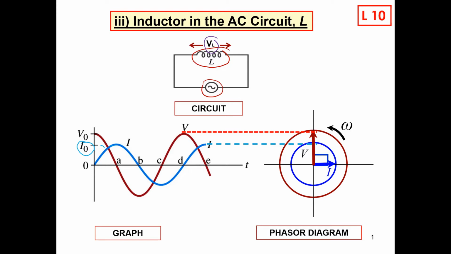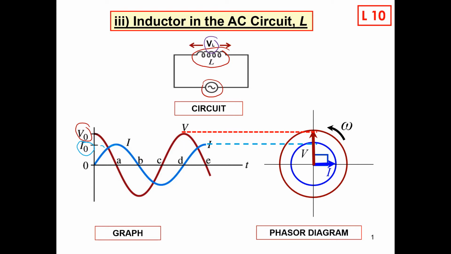The red one is the graph for the voltage across the inductor. The voltage graph is a cosine graph, and V0 represents the maximum voltage across the inductor.